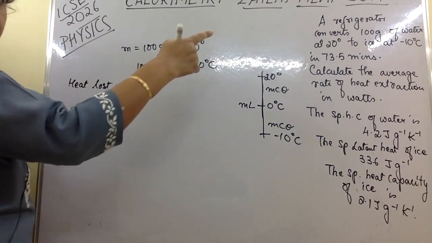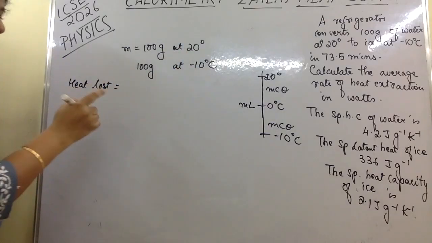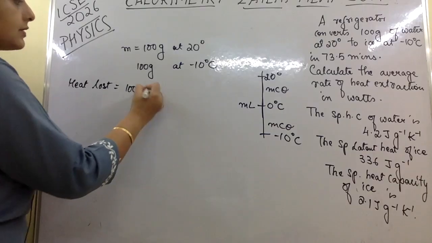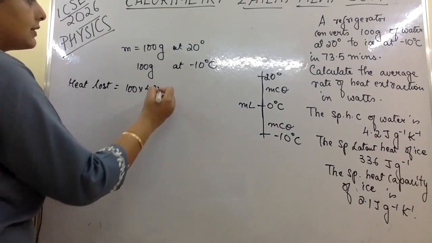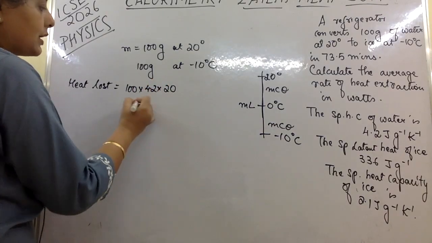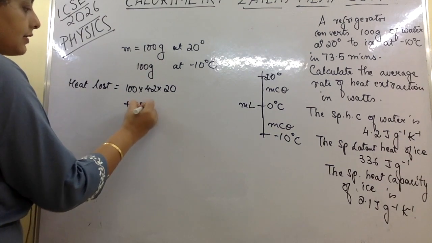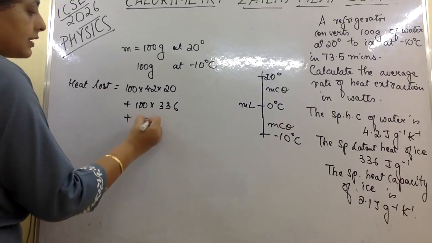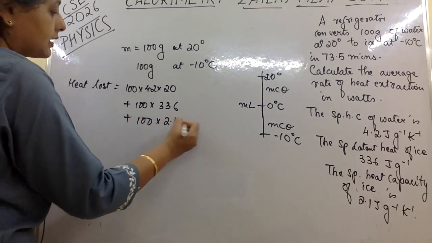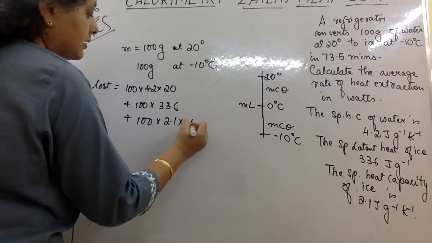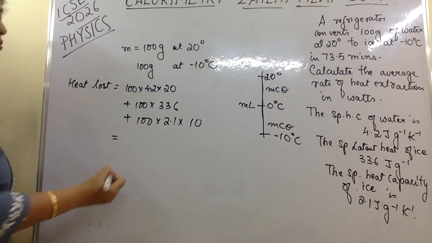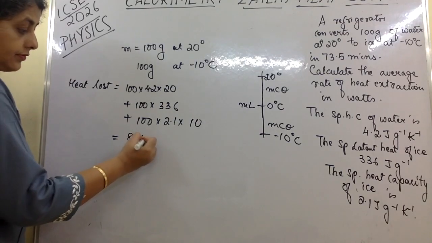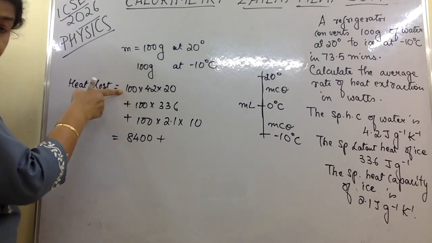Because we have put it in a refrigerator, it has to lose heat. So first it is mcθ, where m is 100, c is 4.2 for water, and θ is 20. Plus 100 into 336, plus 100 into 2.1 into the difference in temperature from 0 to minus 10, which is 10. So how much do I get?